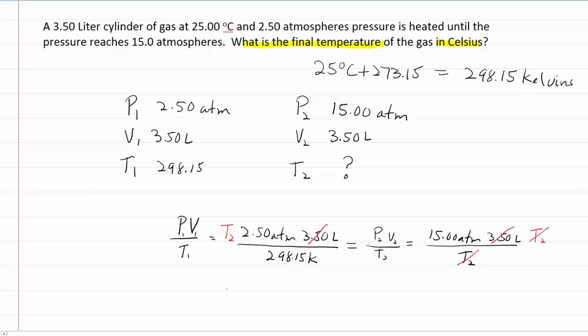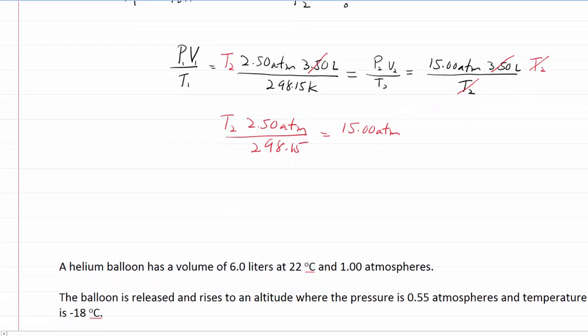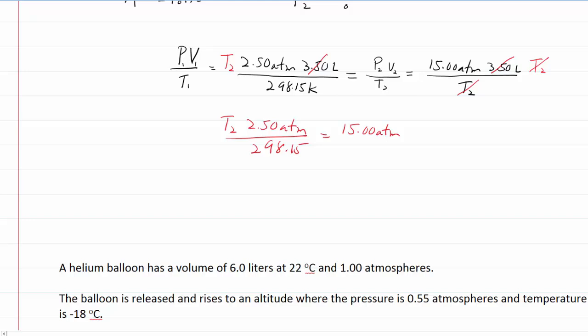I'm going to rewrite this to make a little more room. T2 times 2.5 atmospheres equals 15 atmospheres. So now what I need to do is get my T2 by itself.